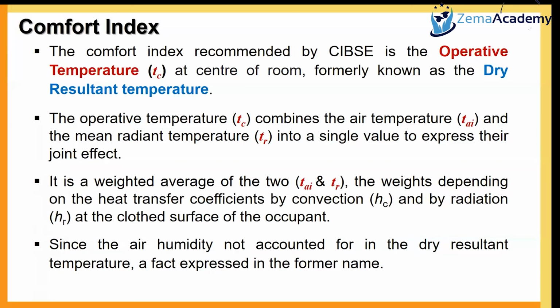Hence, we are going to use this temperature T_c in the CIBSE model. And like the environmental temperature term, this temperature will also be the weighted average between inside air temperature and the mean radiant temperature. It will involve the heat transfer coefficient by convection and by radiation at the clothed surface of the occupant. So now you can relate the information that we have previously done.